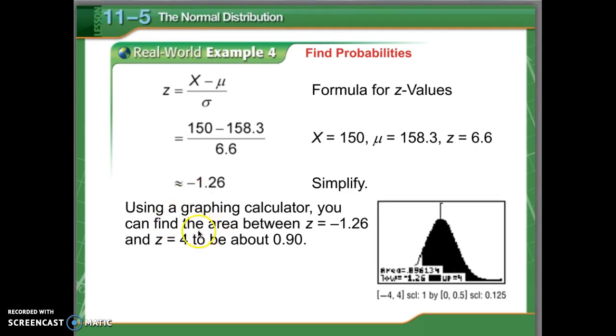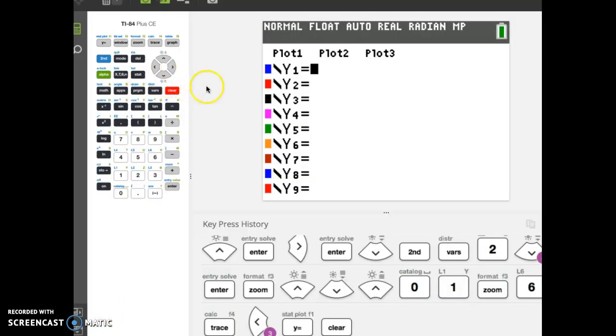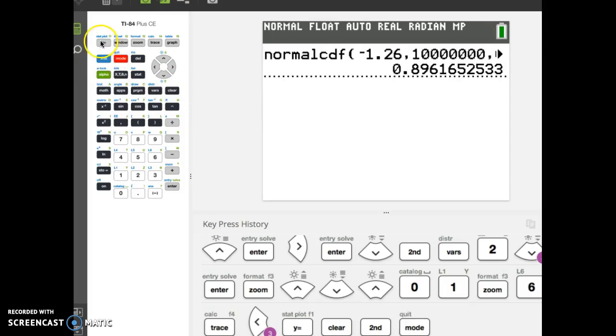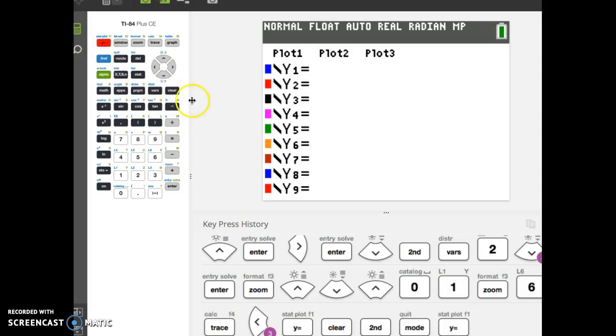It says using a graphing calculator you can find the answer. Well, that's true, but how? Because they don't show you how. So we're going to go over to our graphing calculator, and I'm going to demonstrate how this is done. Once we're on the graphing calculator, we need to go into the y equals menu, and then we need to sketch a normal curve. The normal curve is drawn by hitting second vars.